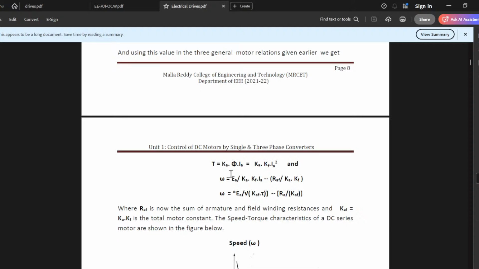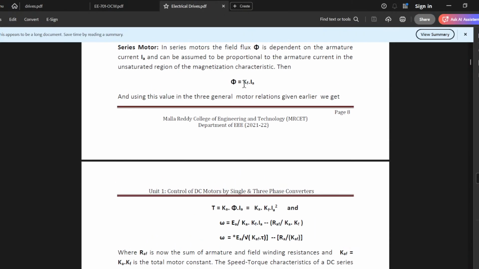Torque is equal to Ka phi into current, so it becomes Ka Kf Ia squared.